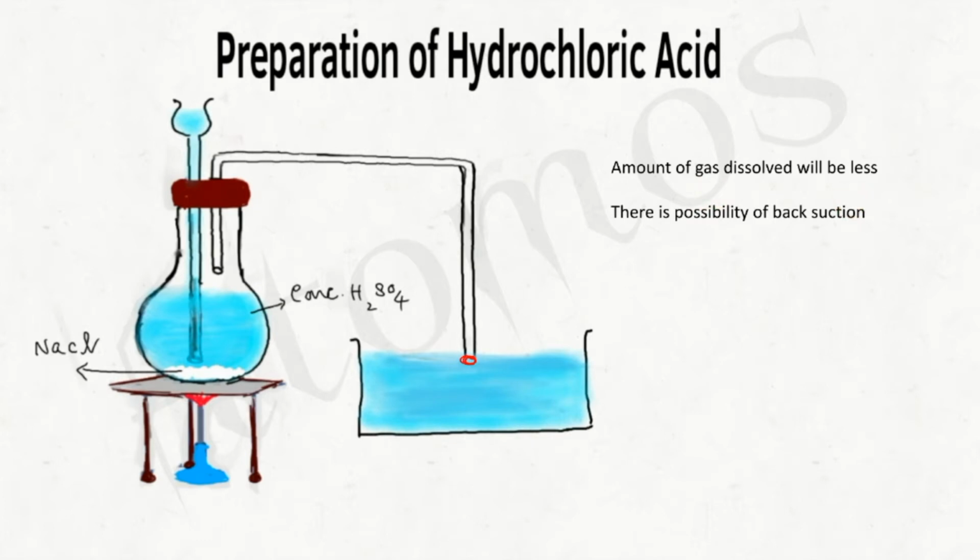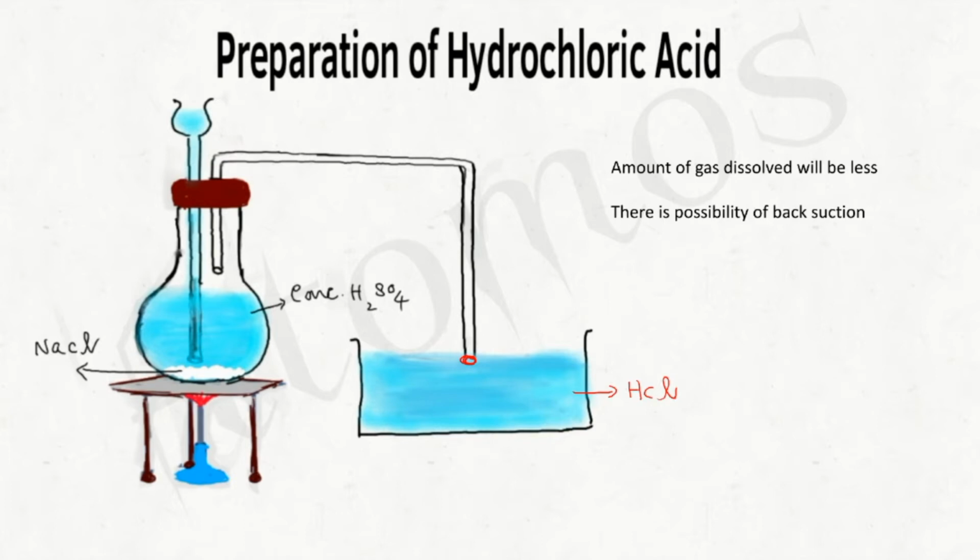What is another reason? See, hydrogen chloride gas is highly soluble in water. The rate of production of hydrogen chloride gas from the main apparatus and the rate of dissolution of hydrogen chloride gas in water should be almost equal. Otherwise, what will happen?